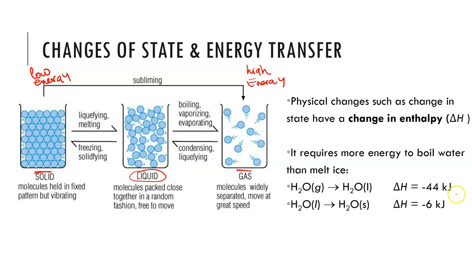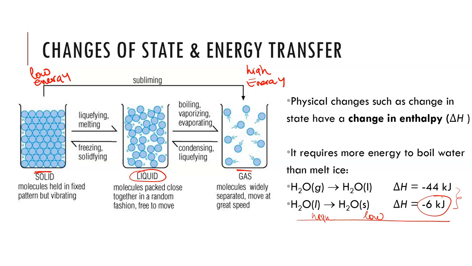And we see that when we look at things like our latent heat of vaporization and latent heat of fusion in these equations here. These are actually the reverse, so going from a liquid to a solid, so from a higher energy state to a lower energy state, it is producing energy. And same with a gas to a liquid. It would give off that much energy in order to go back to the lower state.